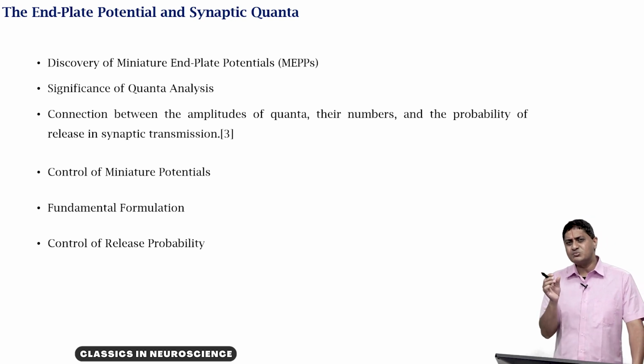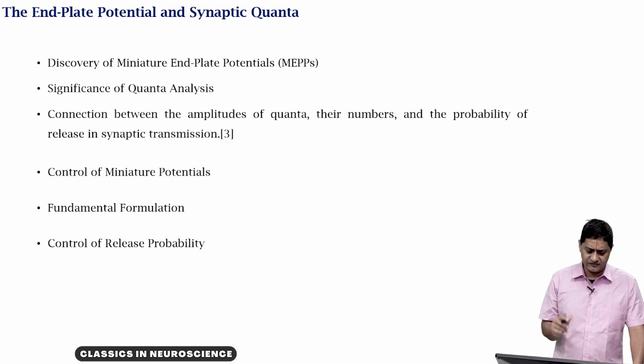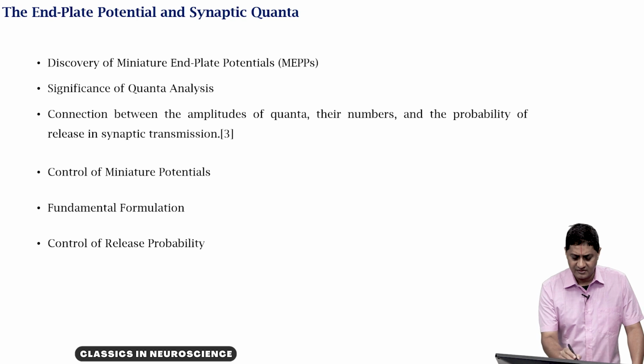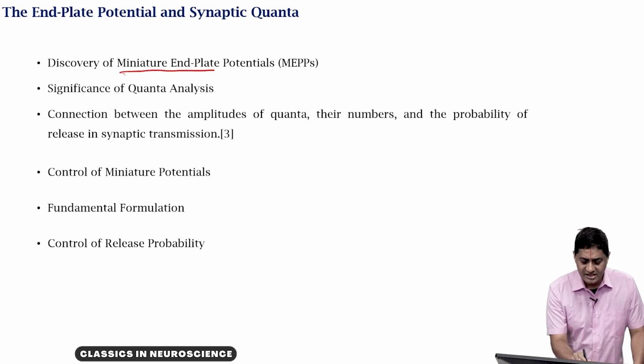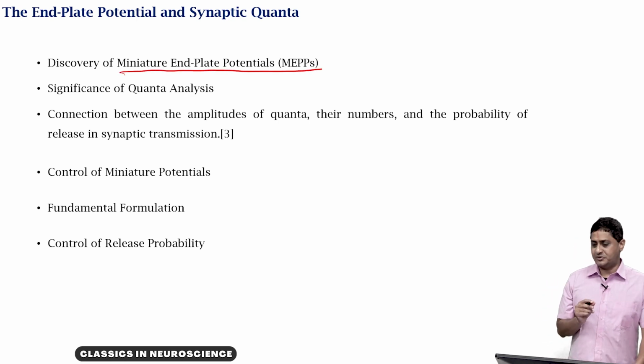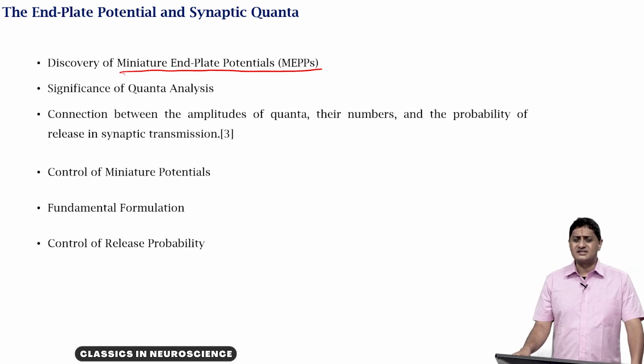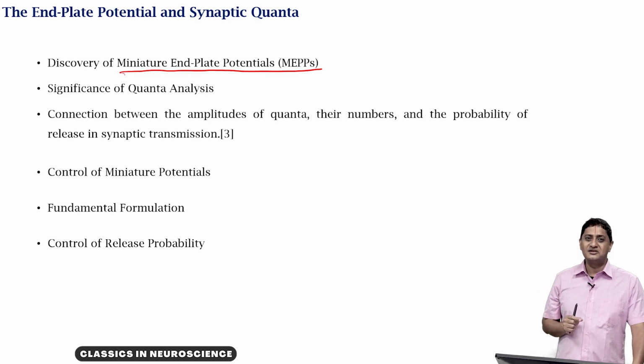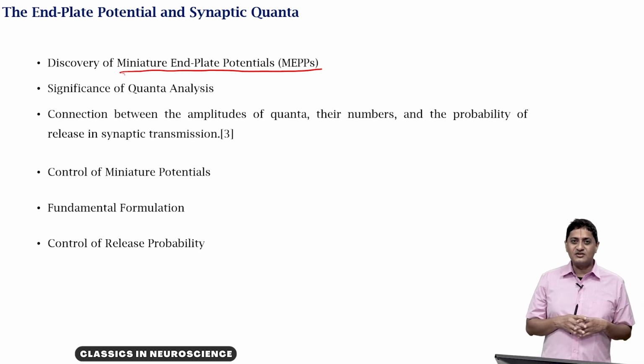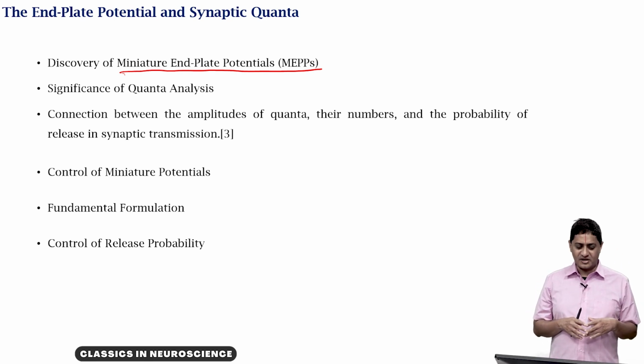These really small unitary responses, these small quanta of responses, came to be called the miniature end plate potential. Katz spoke about this in later talks. Every time he found one small quantum getting released, he used to check, as a joke, whether it was AV's heavy footsteps in the corridor that was causing this noise.